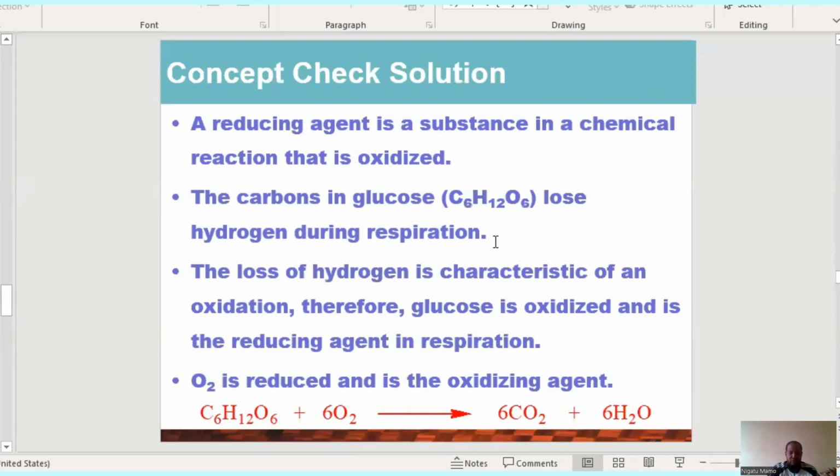If a substance loses hydrogen, it is what? Oxidation, and the substance itself is the oxidized substance. The loss of hydrogen is characteristic of oxidation. Therefore, glucose is oxidized, and it is the reducing agent in respiration. O2 is reduced, and it is the oxidizing agent.